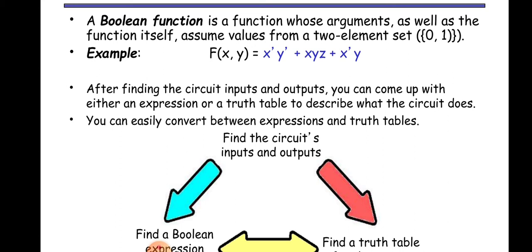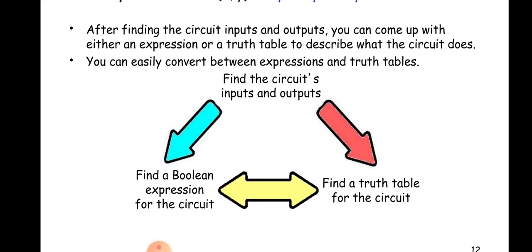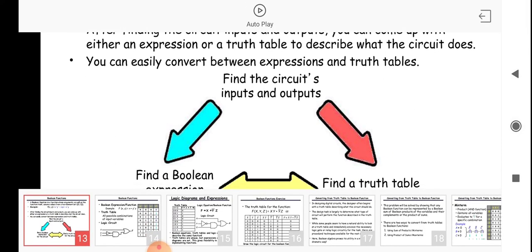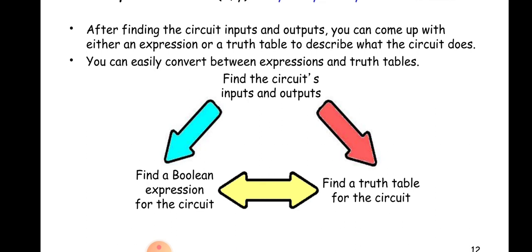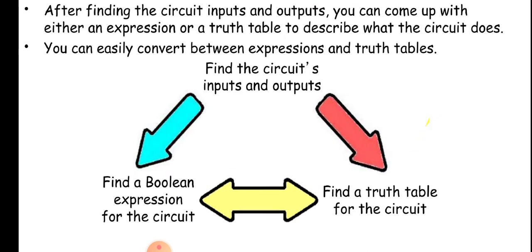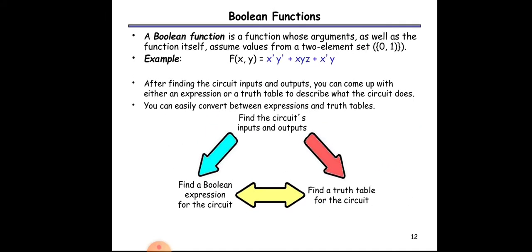What is a Boolean function? It is a function whose arguments as well as the function itself assume values from a two element set, that is 0 and 1 only. So first we have to find the circuit inputs and outputs. Once we get the input and output values, we find the truth table for the circuit and we draw the Boolean expression from the circuit.